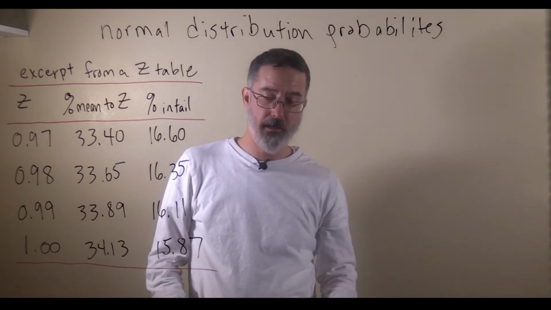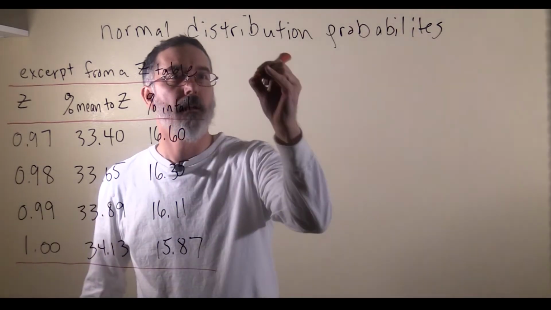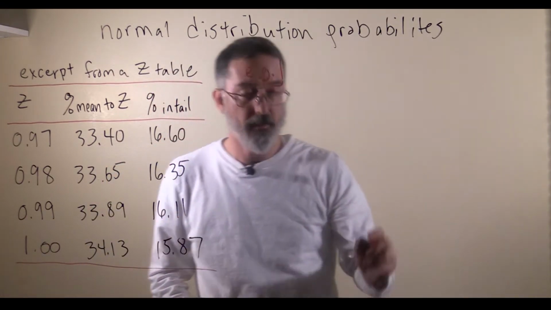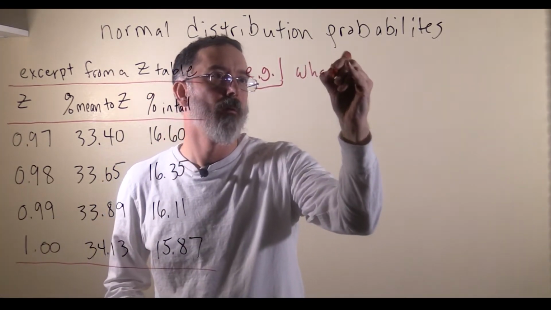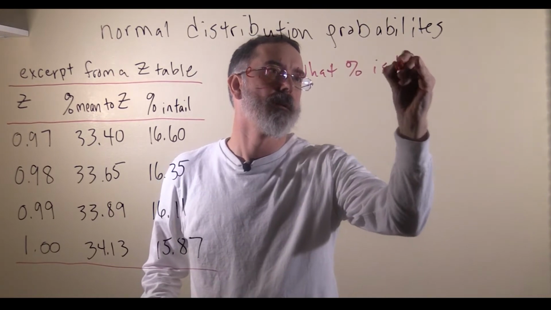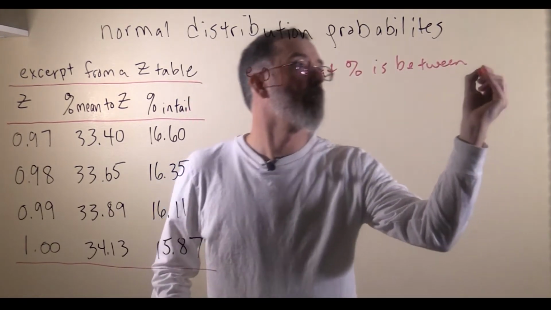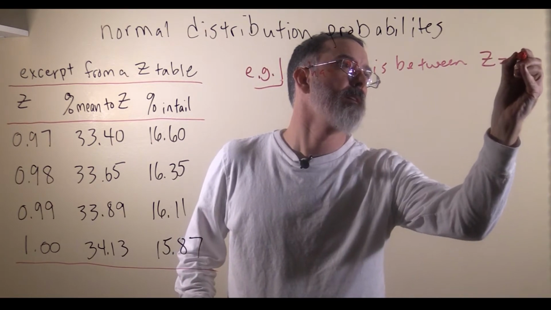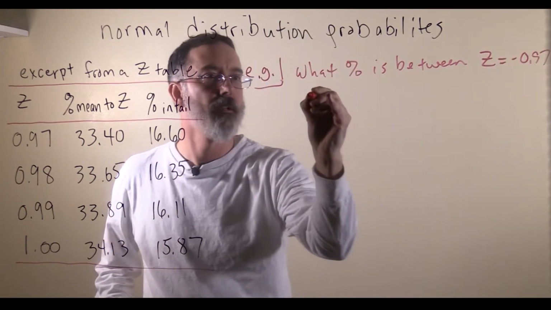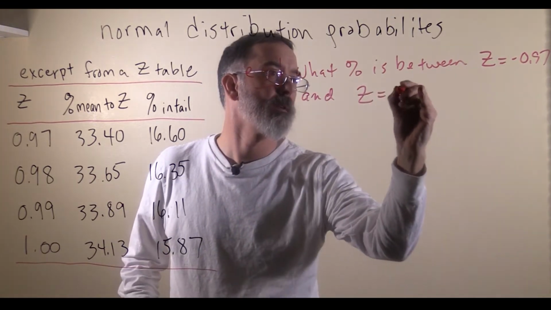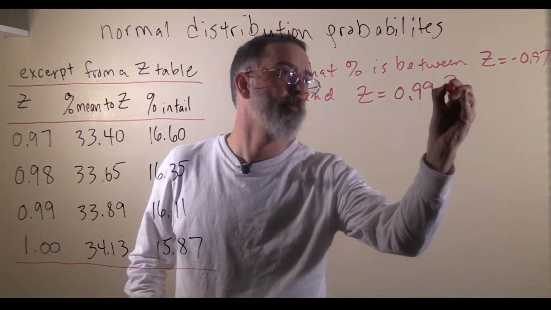Okay, so now we're going to look at an even more complicated kind of problem that you can solve with this table. And so this is: what percent is between negative 0.97 and z equals 0.99?